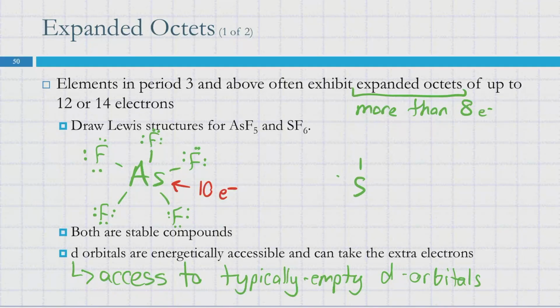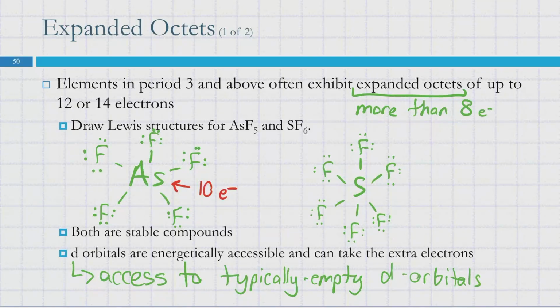In SF6, sulfur hexafluoride, sulfur, being right under oxygen, also has 6 valence electrons. And the fluorines each have 7. You don't really need to worry about copying down these structures. I'm drawing them out real quick just to save us time.